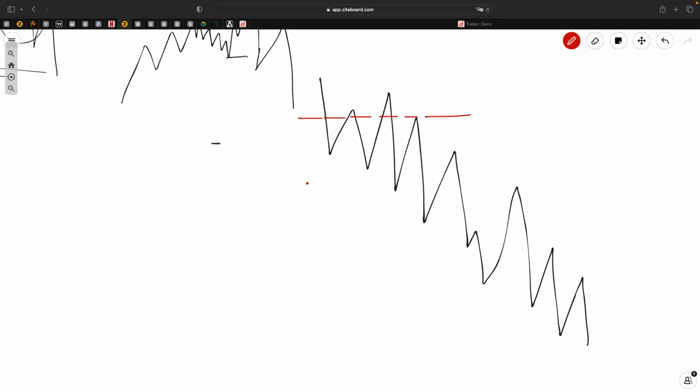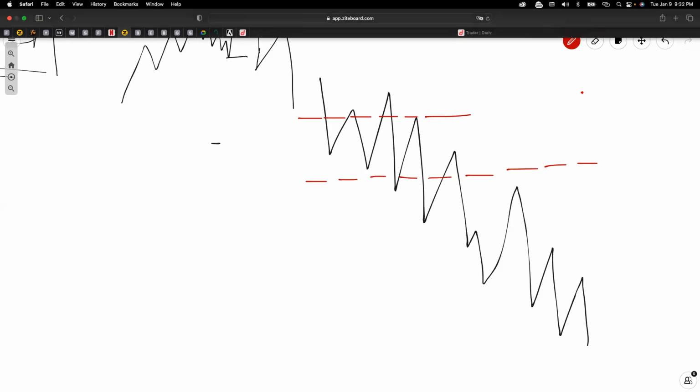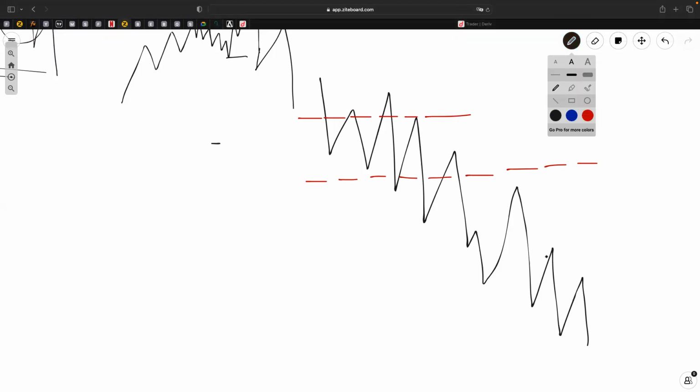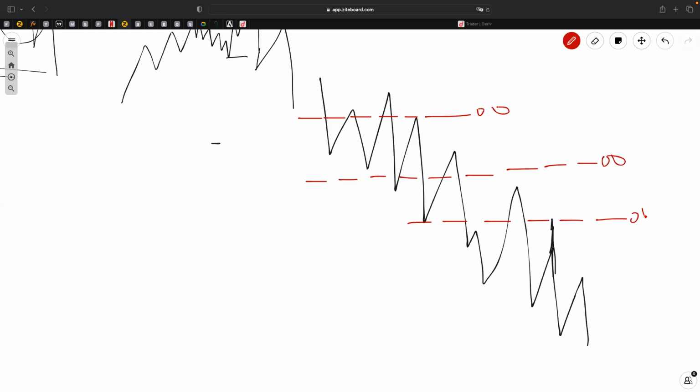Come in, a round number right here. Then we have a round number and come in. You have a round number right here, the same round number, double zeros. And you have another one right here.